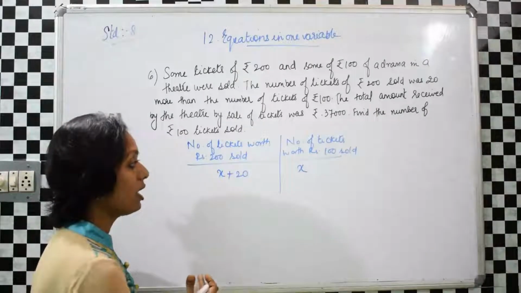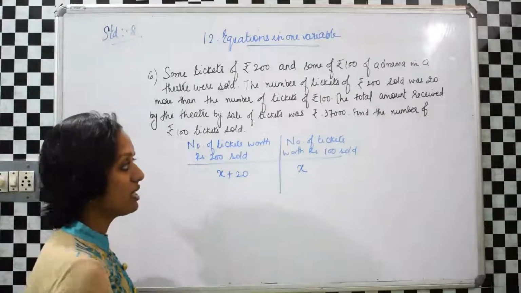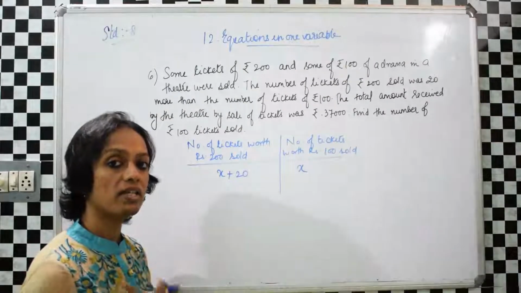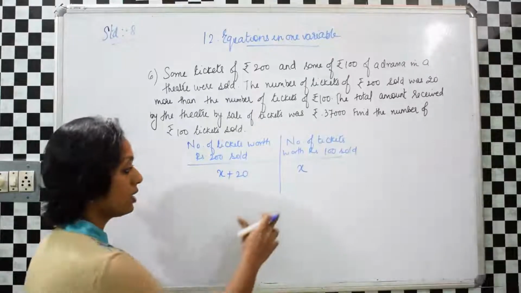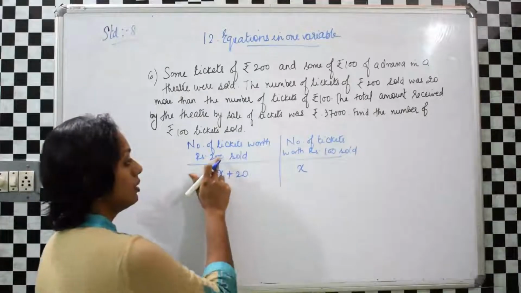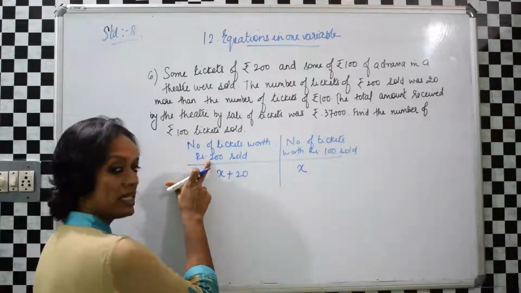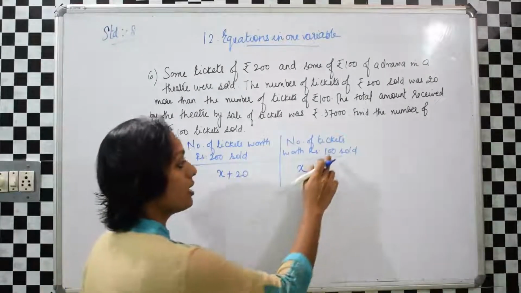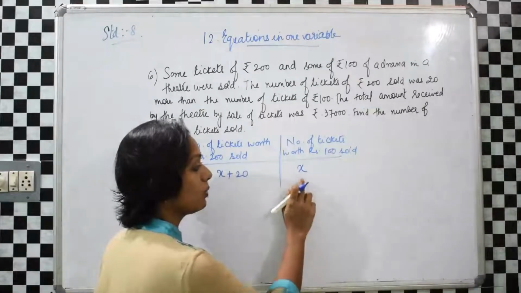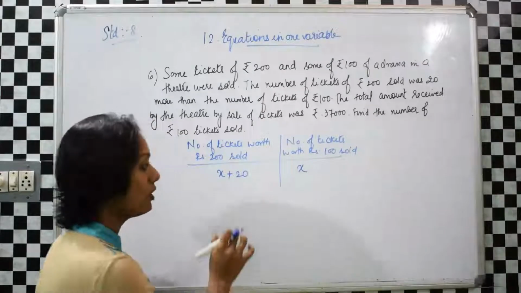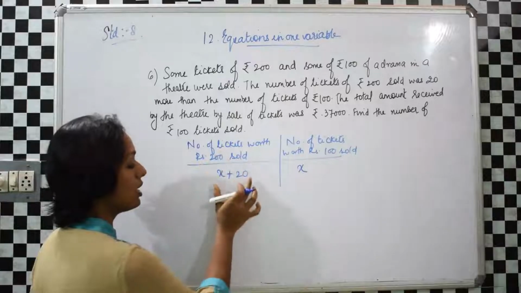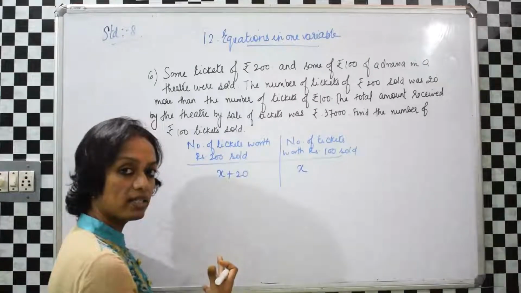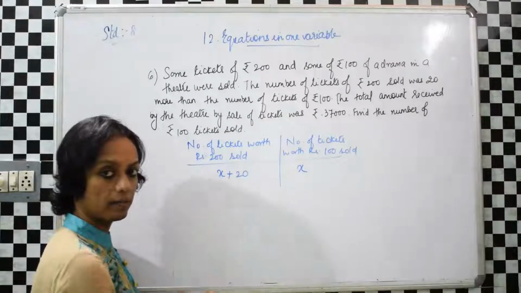So we have to find out what is the value of x and hence find out how many tickets worth rupees 100 was sold. So now you can see here 200 rupees tickets sold were x plus 20, 100 rupee tickets sold were x numbers. So when you multiply these two, 200 into x plus 20, you will get the amount that they received by selling 200 rupees ticket.